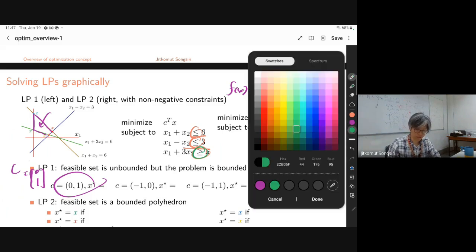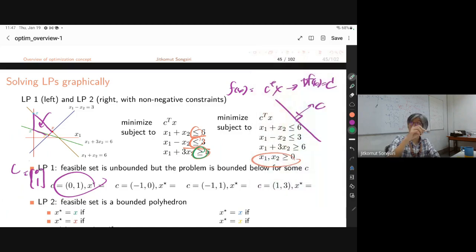0, 1. My level set is going to be a line, right? Vertical line, horizontal line, or tilted line. Boonyarit, horizontal line, vertical line, or something tilted. C is 0, 1.